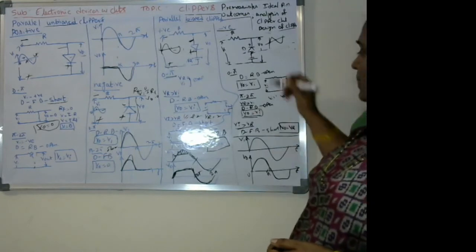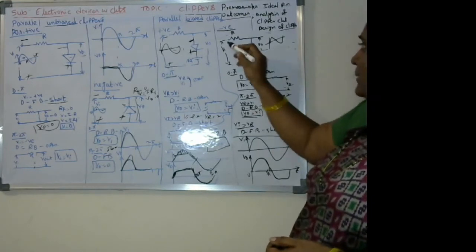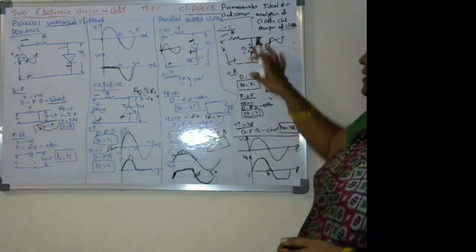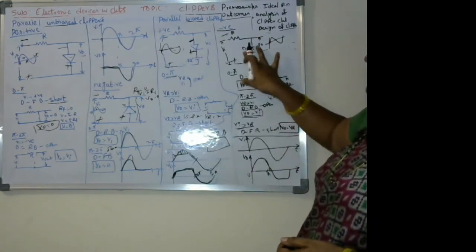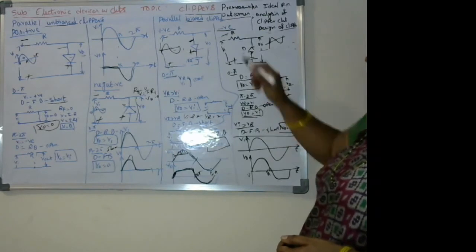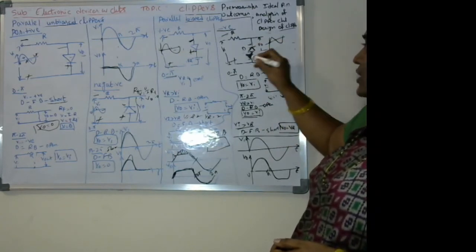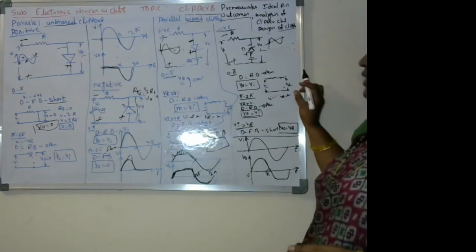So for the negative of the case pi to 2 pi, here is the negative terminal and here the positive terminal. So with respect to the input, it is dominating right now for us. So here negative you are going to get, here positive we are going to get.